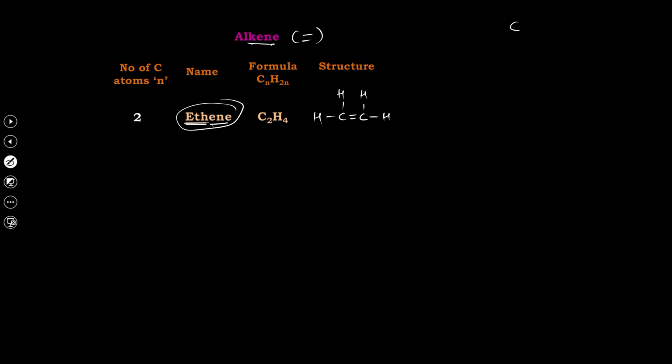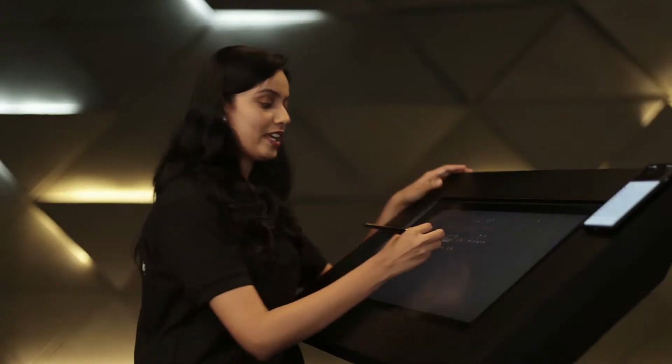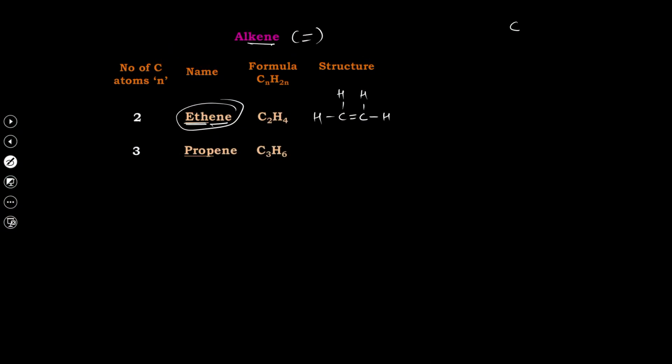Now, if the value of N is 3, the formula comes out to be C3H6, and when N equals 3, we write the name as prop and add the suffix -ene as it is an alkene. So, we get the name propene, and the structure is C double bond C single bond C, and hydrogen atoms will be bonded to the carbon atoms.